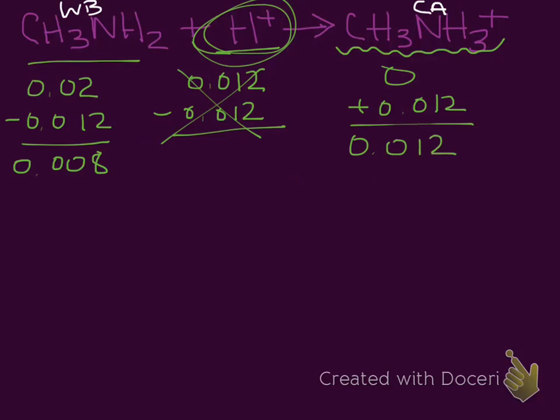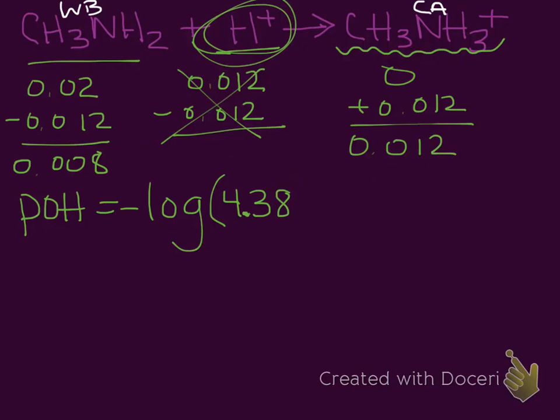All right, so now because we have a weak base, we're going to want to plug this into the Henderson-Hasselbalch pOH equation. Let me write this up here a little bit. So our pOH is equal to the negative log of the pKb, and the value for that, when we look it up on the chart, is 4.38 times 10 to the negative 4, plus the log of, okay, so let's go back here and label this really quickly so we make sure we're plugging it in the correct way.